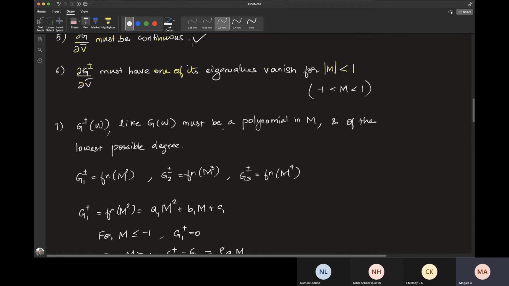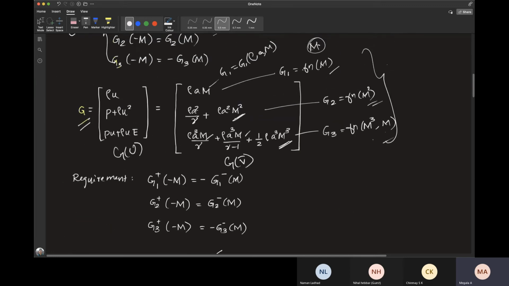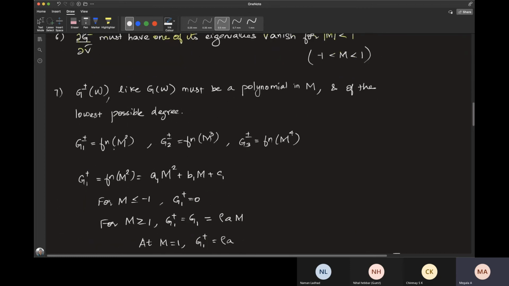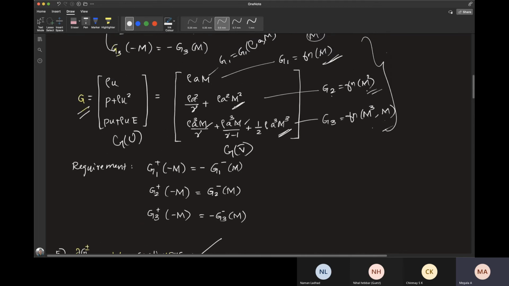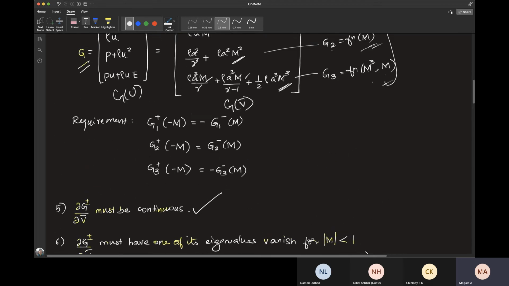To have continuity, if we have polynomials of the same degree, it's not possible. We must have some polynomial of higher degree to have continuity. We saw g1 was a function of m, so he makes g1 plus and minus functions of m squared. And he saw g2 to be a function of m squared, and he makes them functions of m cube.